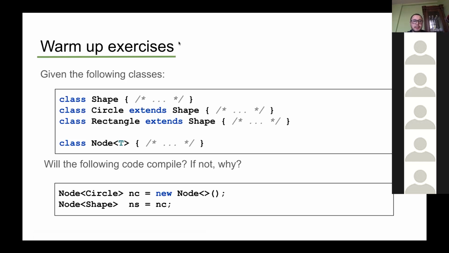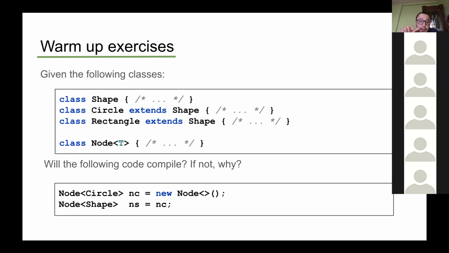Okay, guys, we're spending too much time on this exercise. Actually, the code on the bottom especially is illegal, because when the class node with parameter circle is compiled, what does the compiler do? The compiler just creates another class for this node with parameter circle.